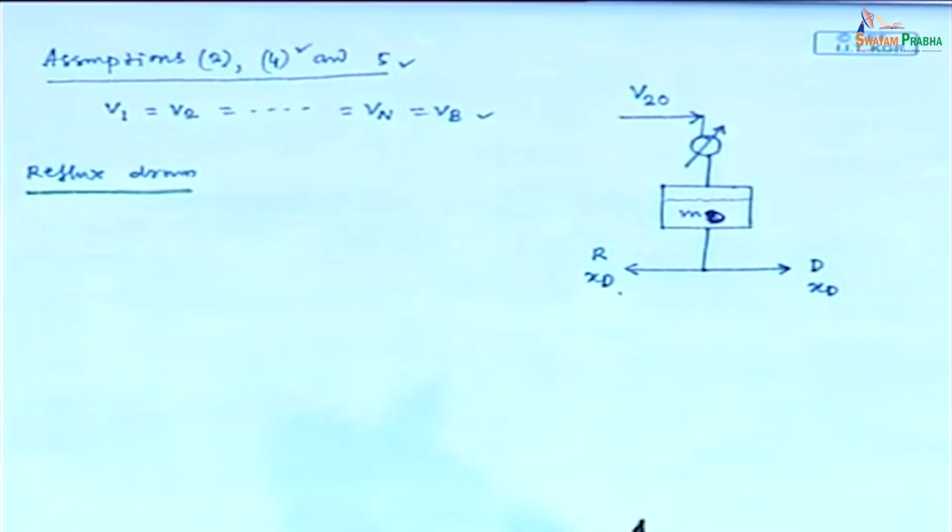All the compositions here are mole fractions, and flow rates are molar flow rates. For example, D has the unit of mole per unit time.